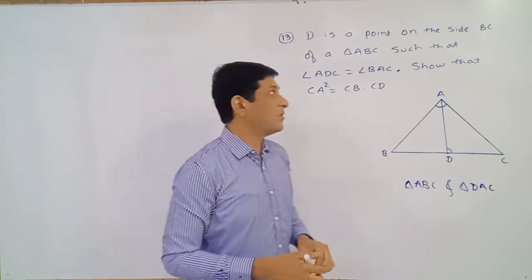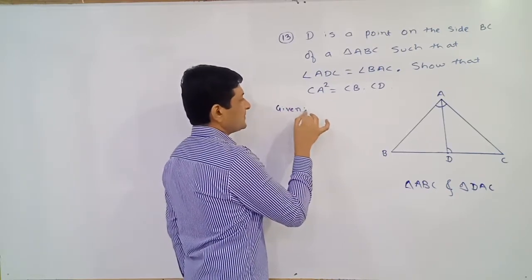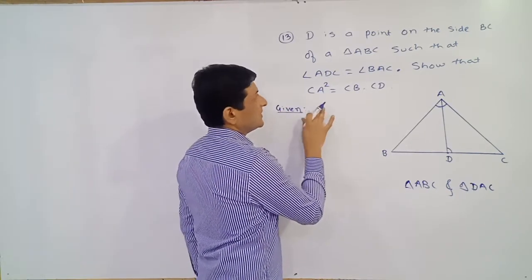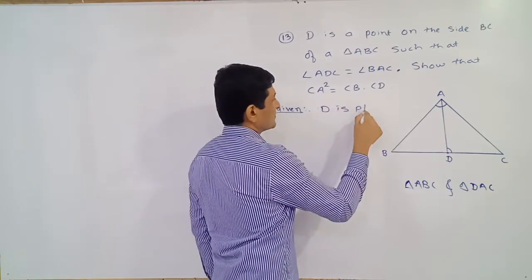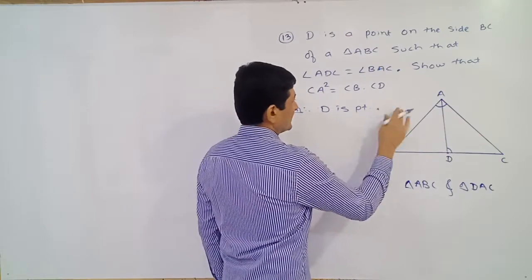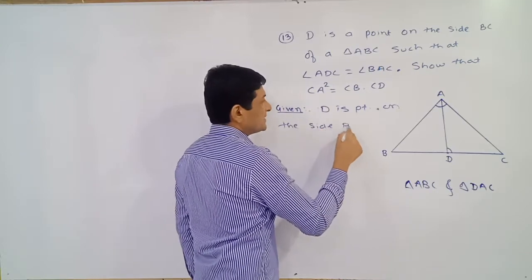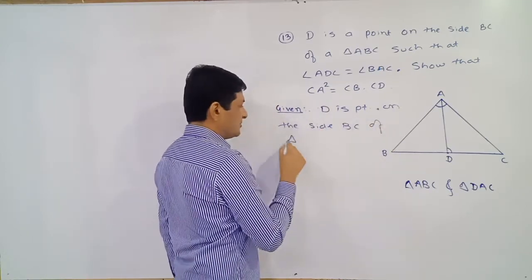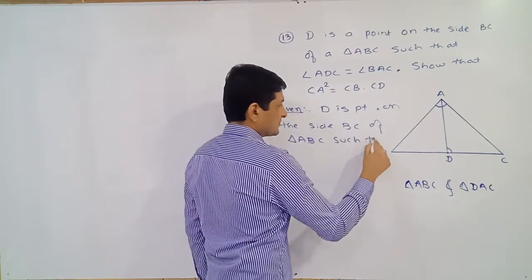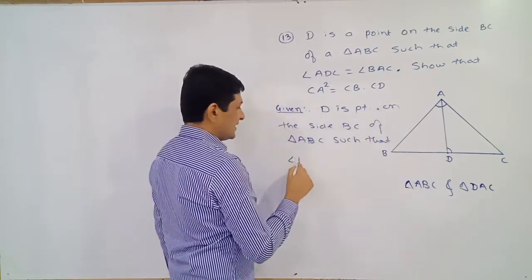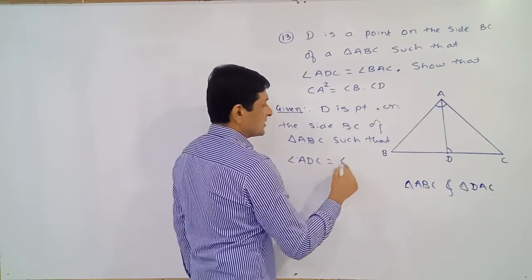So now observe the given condition here. It is given to us that D is a point on the side BC of triangle ABC such that angle ADC is equal to angle BAC.